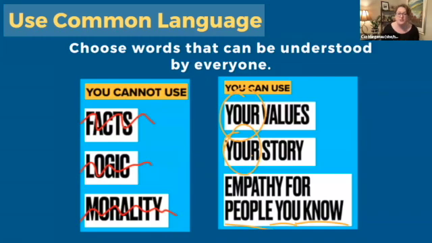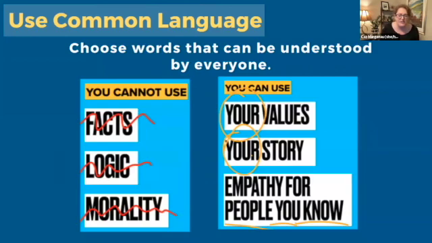You can use values, our common core values, talk about what drives you underneath. And you can use personal story. And when you're using this personal story, you want to be engaging that empathy in people that you know, because that's the common tie.